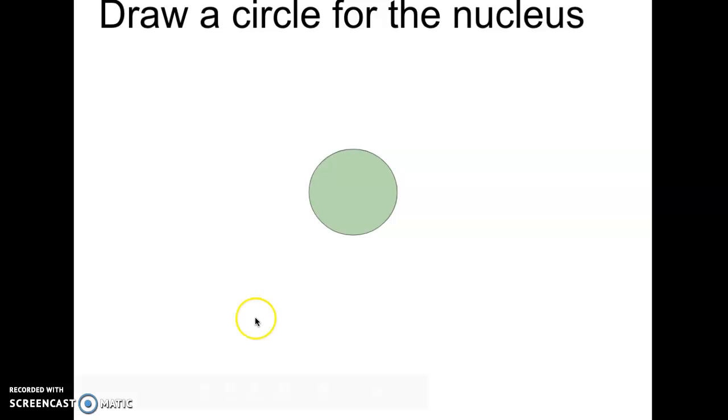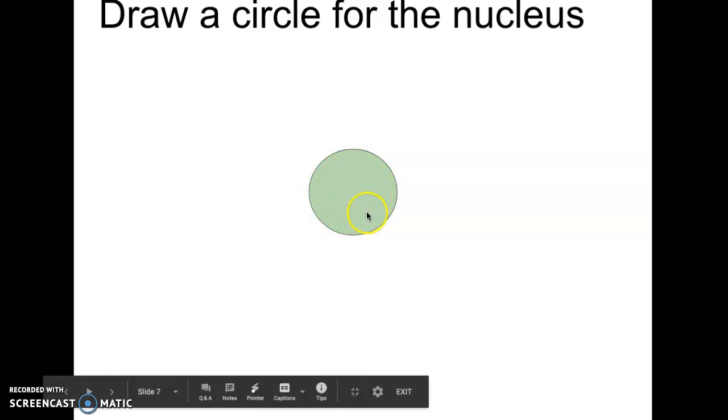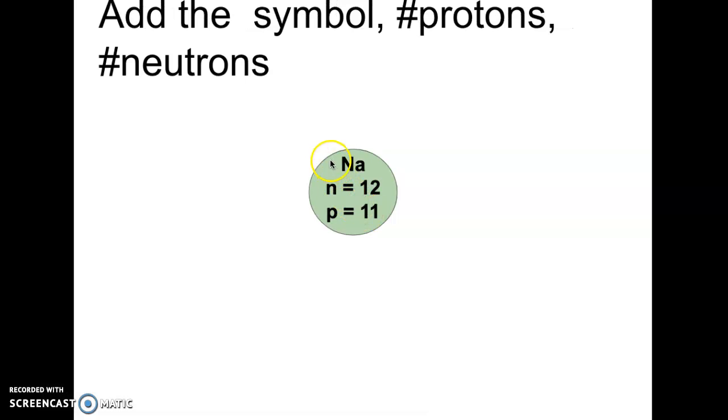Our first step is to draw a circle for the nucleus. Our second step is to put in the symbol of the element, the number of protons, and the number of neutrons. So protons is 11, neutrons is 12. Now we're going to add our electrons.